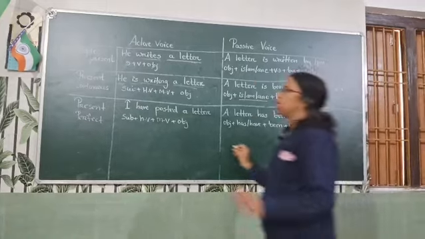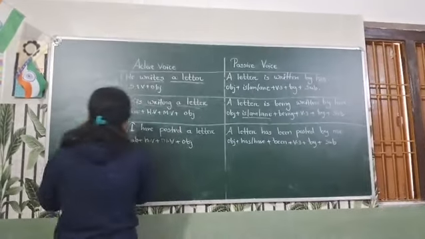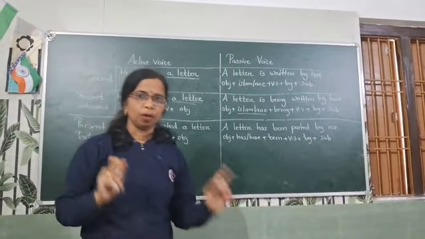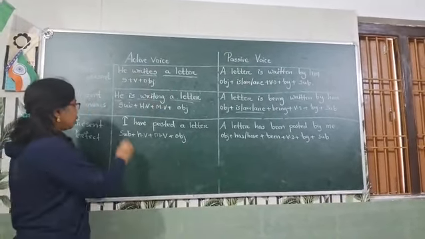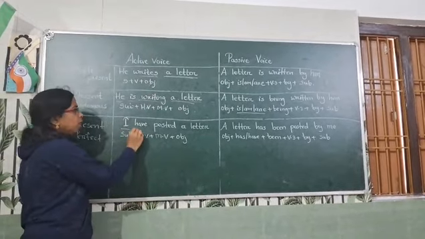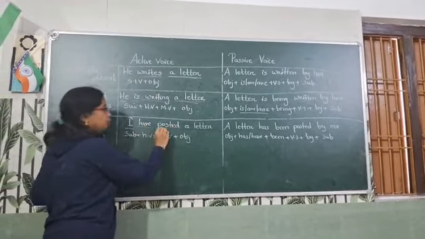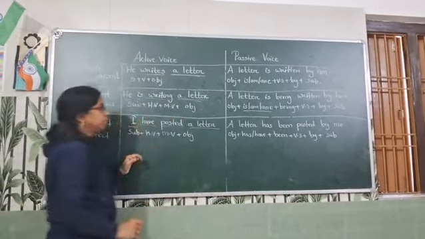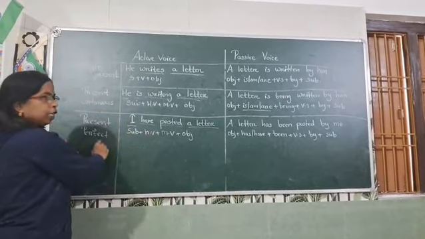Then comes present perfect. What is the structure of present perfect? Subject plus has or have plus verb 3 plus object. Here I is the subject, have is the helping verb, posted is the main verb, and a letter is the object. This is the structure of present perfect.